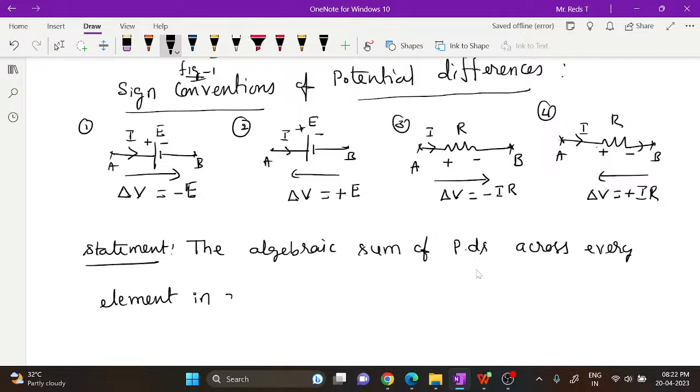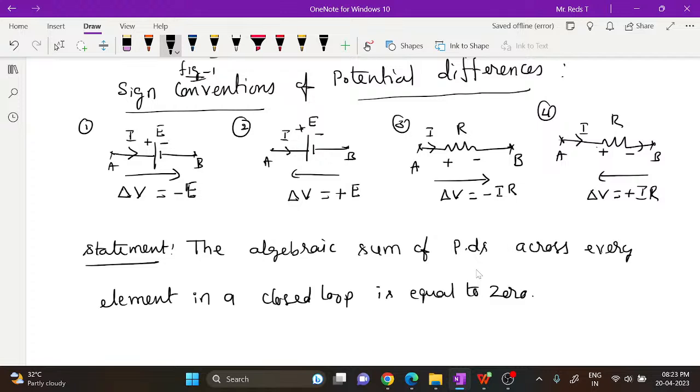In a closed loop, the algebraic sum of potential differences, PDs, across every element in a closed loop is equal to 0. This is called Kirchhoff's voltage law.